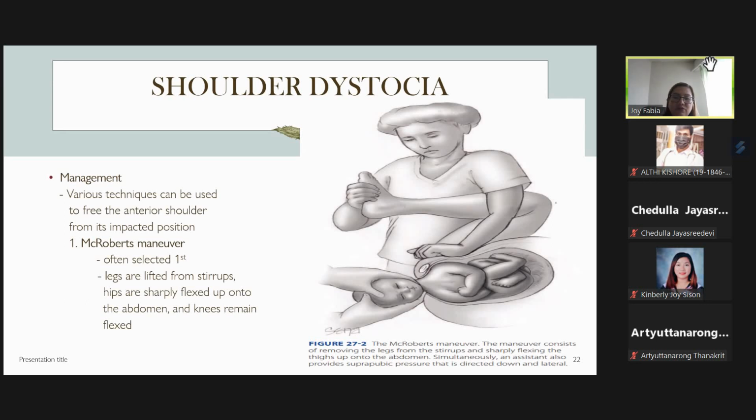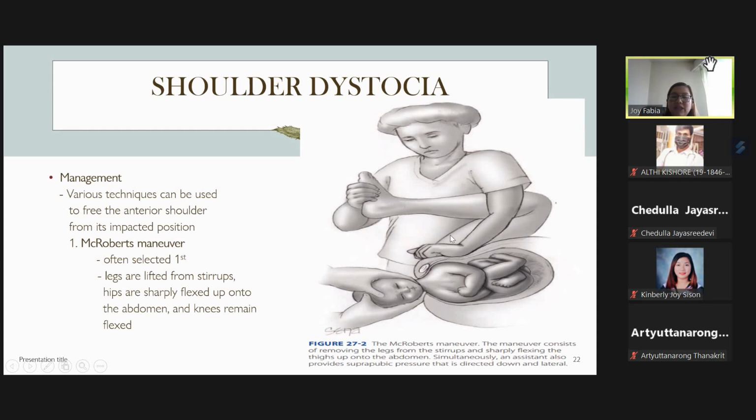The very first maneuver that we use during shoulder dystocia is the McRoberts maneuver. This is the first maneuver that we must do. First, we lift the legs from the stirrups, and then the hips are sharply flexed up onto the abdomen, and the knees remain flexed.